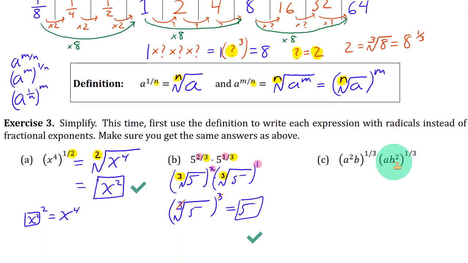All right, let's look at this one. So this is a cube root of a squared b. That's what the 1/3 exponent there means. This 1/3 exponent is also going to mean the cube root of ab squared.